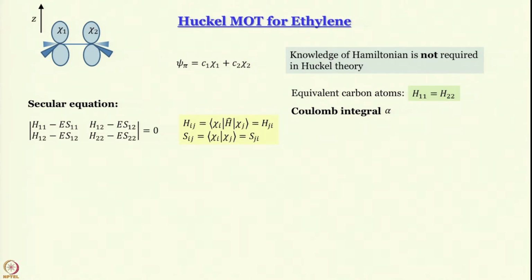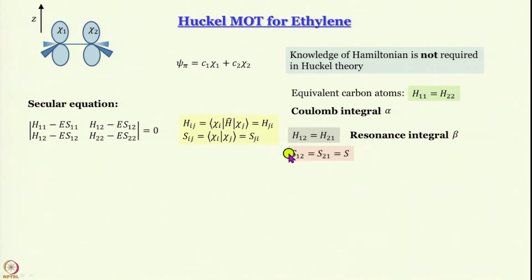And what is the meaning of Coulomb integral? We can say it now, but let us wait a little bit and we will say it in a little while. Next thing is H12 and H21. H12 and H21 are equal to each other, something that we have already discussed. This is called the resonance integral beta. Again we are going to discuss the physical meaning of beta, what beta stands for and why it is important.